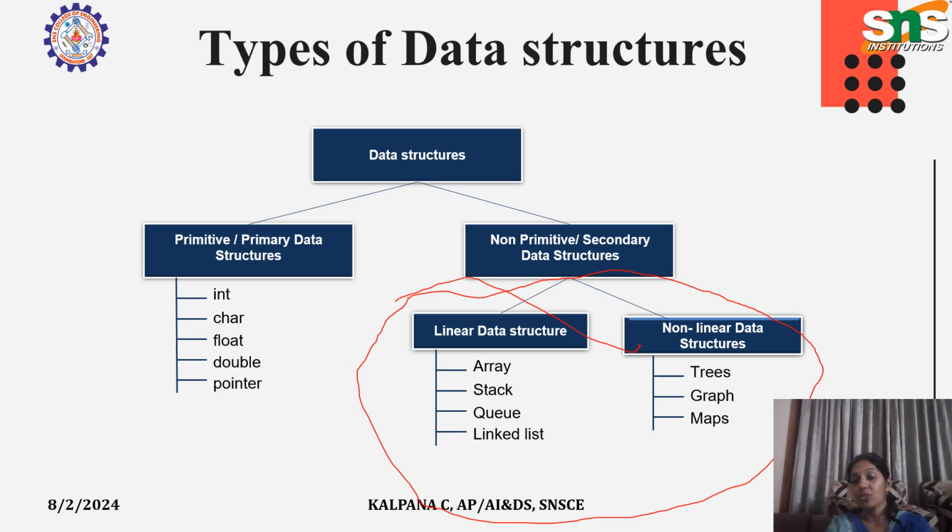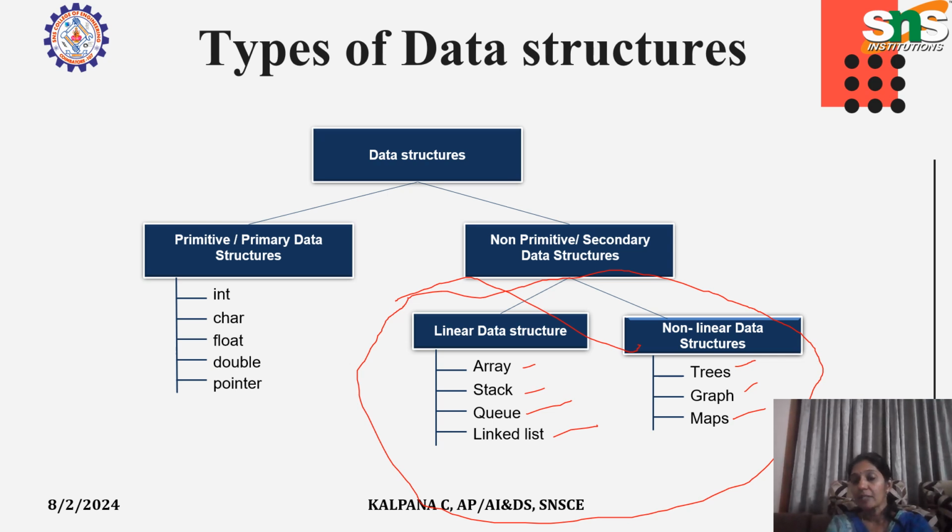Linear data structure has many things like array, stack, queue and linked list. And non-linear data structure contains trees, graphs and maps. So these are all the types of data structure.